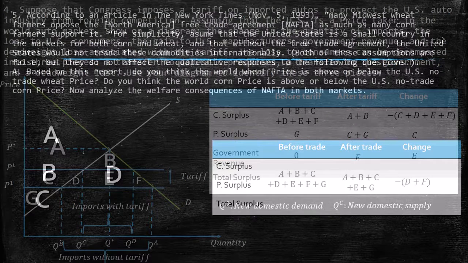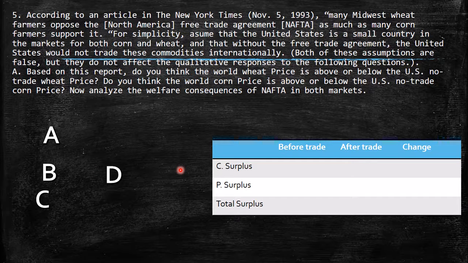Now we have the fifth point. According to an article in the New York Times, November 5th, 1993, many Midwest wheat farmers oppose the North American Free Trade Agreement, known as NAFTA, as much as many corn farmers support it.